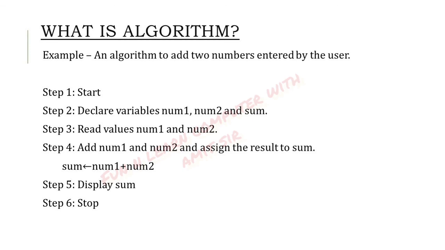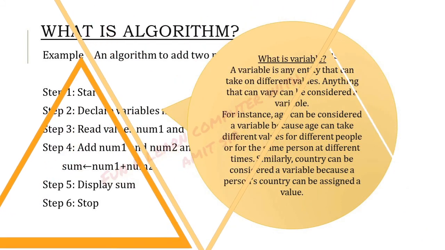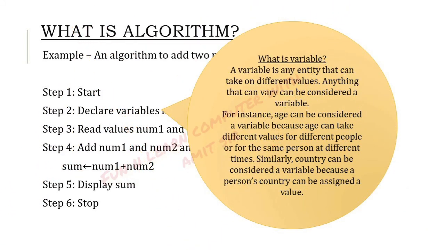So here a question arises. What is variable? This is a new word. A variable is any entity that can take on different values. Anything that can vary can be considered as a variable.